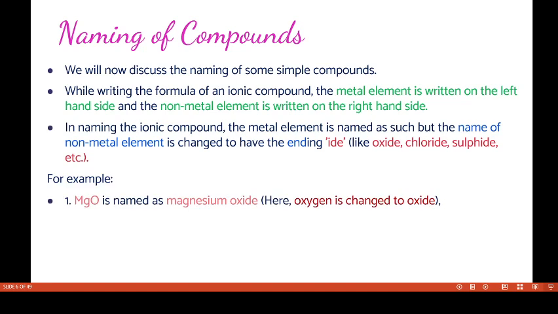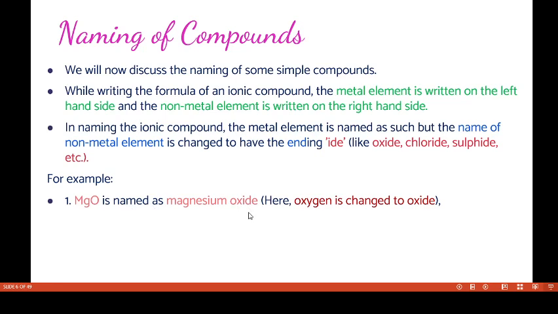For example, see MgO. Magnesium is a metal, oxygen is a non-metal. So Mg keeps magnesium, and oxygen is changed to oxide because it is a non-metal.